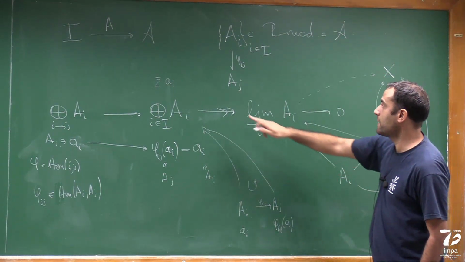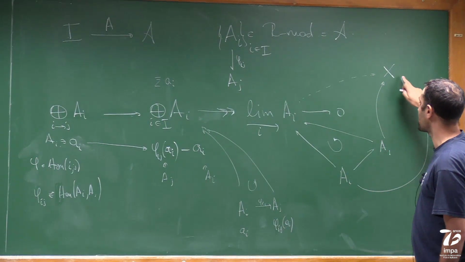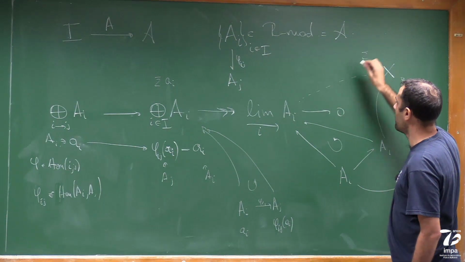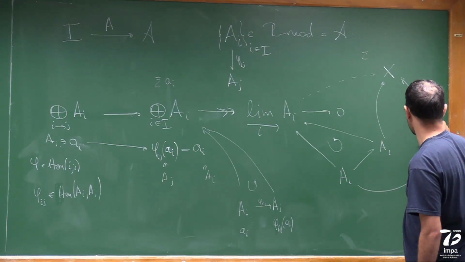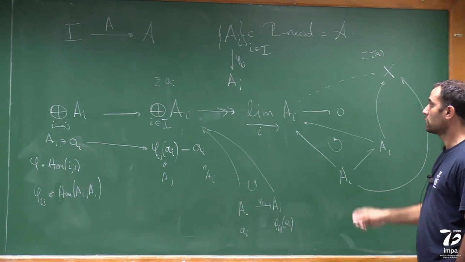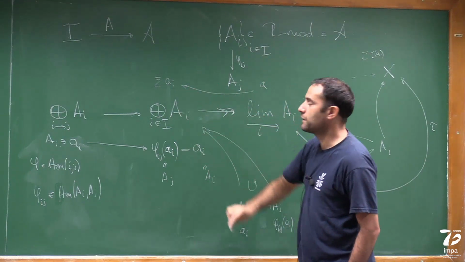But you know what's the image of each one of these AIs is, because you have these maps. So you just take the image of those. So you take here the sum of these guys. I don't know, just put a name for this, tau. So this is going to be tau of AI. So that's where you would send this element A, whose pre-image is this sum of AIs.